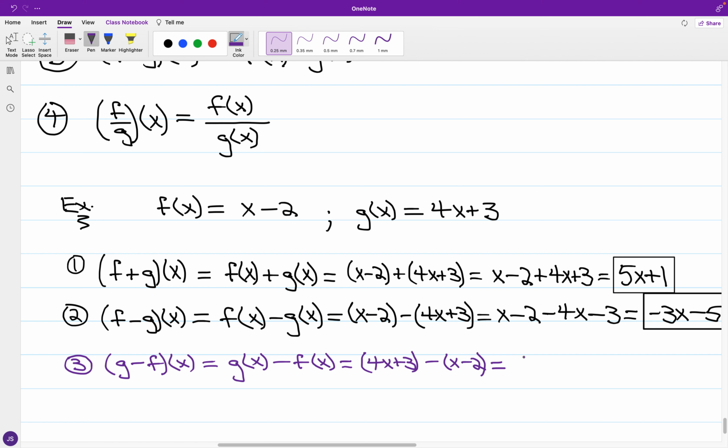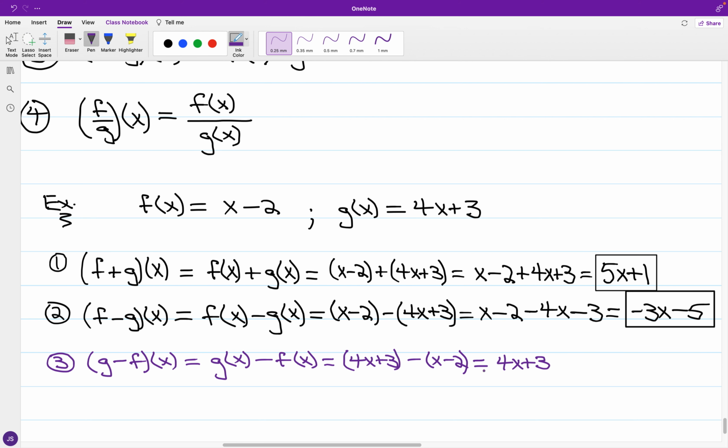Right now g of x, no sign change, so I still have 4x plus 3. But for f of x, since it is being subtracted, everything pertaining to f of x will have the terms change signs. So we're going to have negative x, and subtraction distributed over negative 2 is going to change over to the addition of 2.